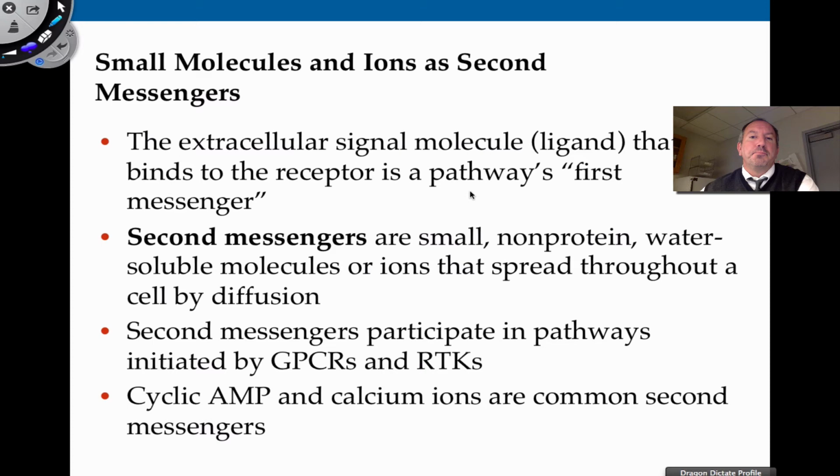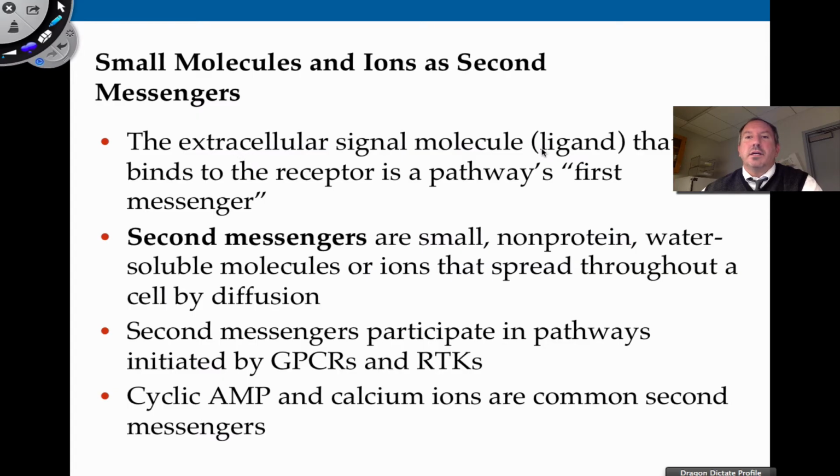Okay, so let's get into these secondary molecules a little bit, because I mentioned these kinases, but there are some other small molecules and ions that can act as secondary messengers as well. So this is pretty cool. So the extracellular, that means on the outside, is some kind of ligand.